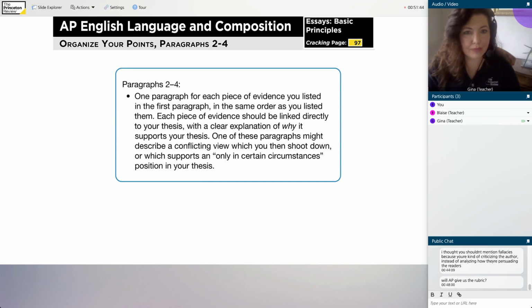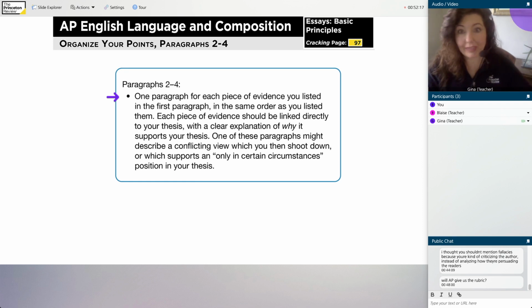So, for example, if you notice that one of the really obvious rhetorical modes in the essay is logos, then you could devote an entire paragraph to logos. And you want to provide evidence that the author used logic to try to prove the point. Now, you might also work in other literary devices there, like maybe part of the logos was that the author used a lot of definitions of key terms.